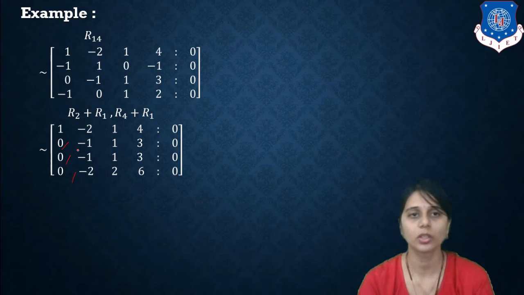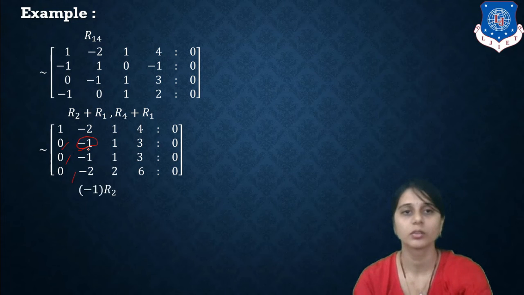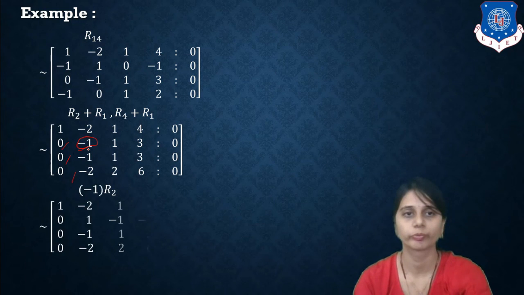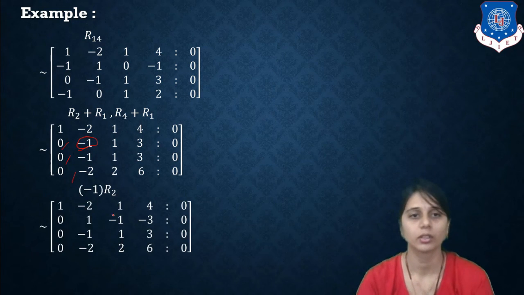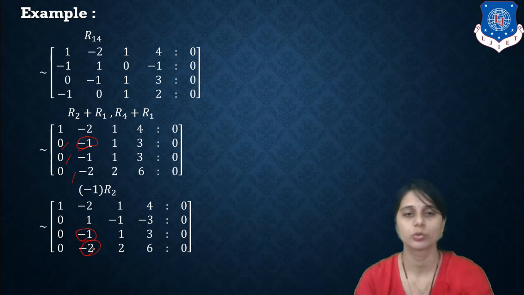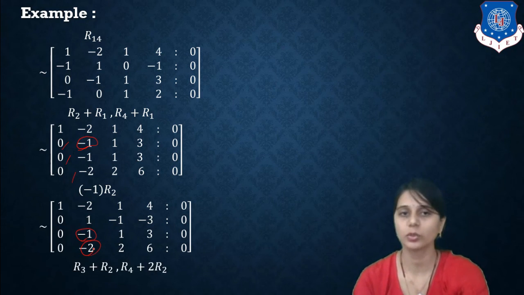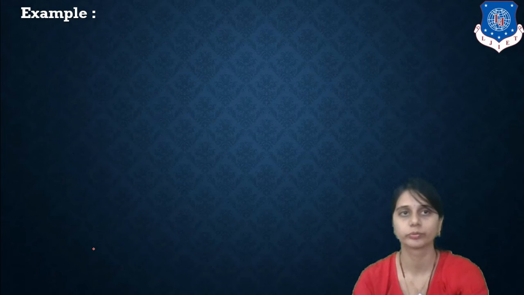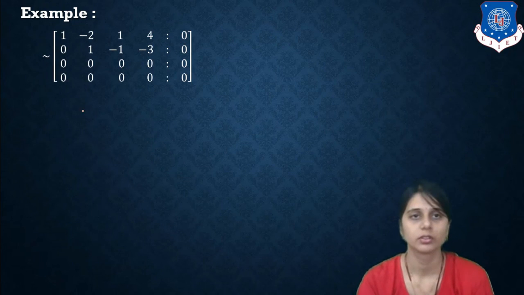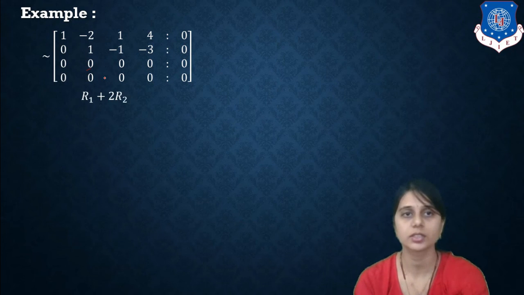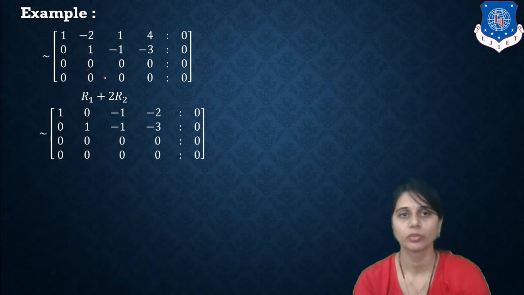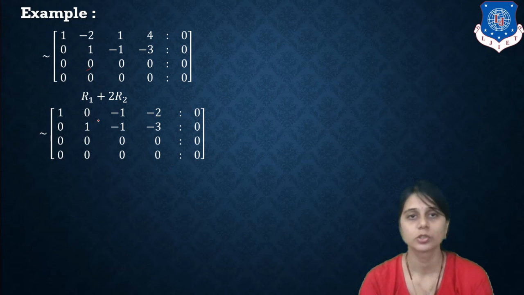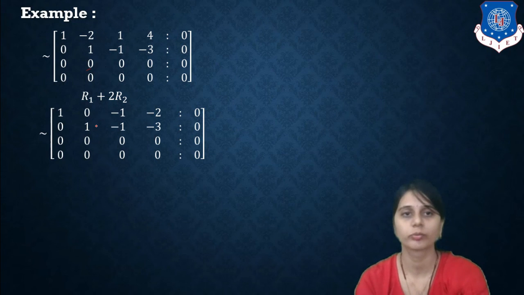Now we have to convert this entry into 1, so we multiply R2 by minus 1. Now we convert these two entries into 0, so we use R3 plus R2 and R4 plus 2R2. These two values are 0. Now R1 plus 2R2 gives 0. So it is in reduced row echelon form.